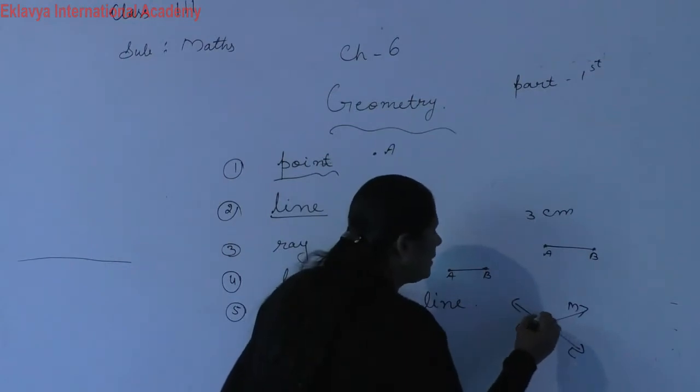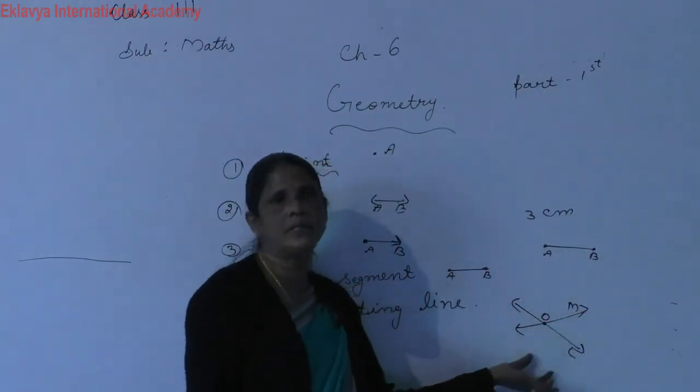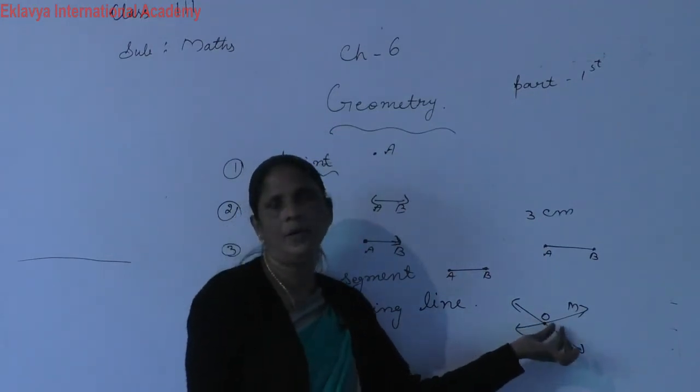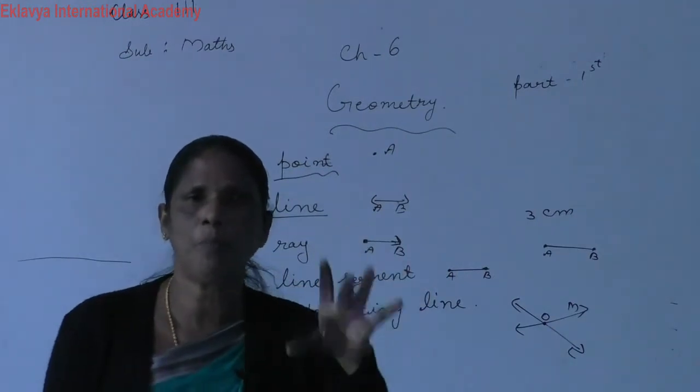We write the letter O. Lines L and M intersect at a point called O.